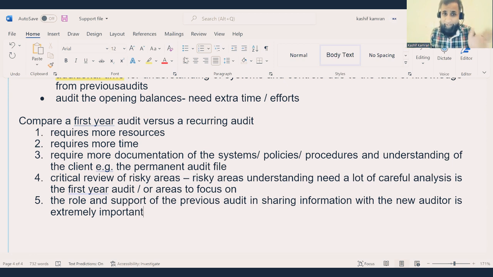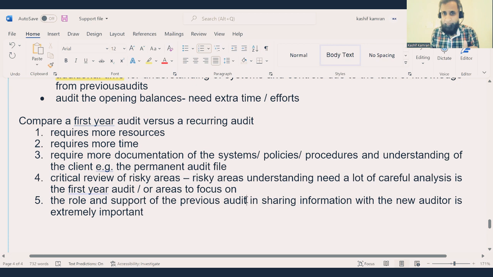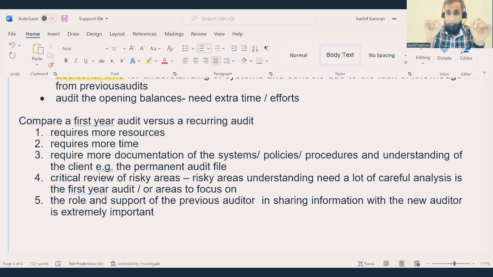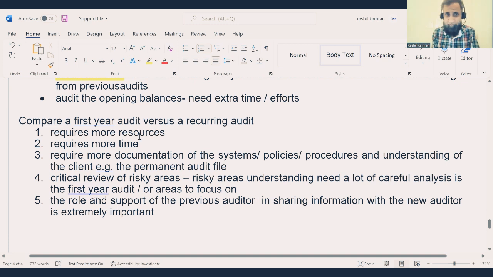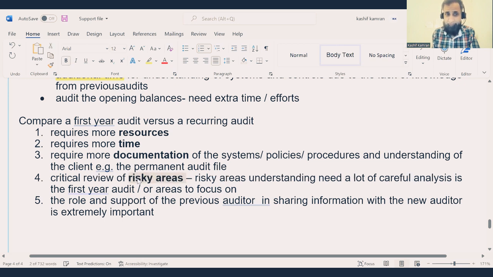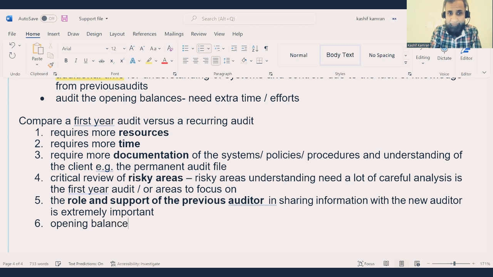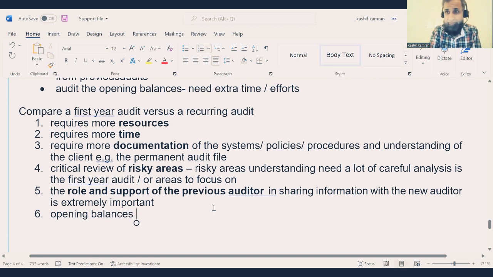So you need to find the fundamentals of the first year audit: resources, time, documentation. Risky areas are greater in the first year audit, including the opening balances. You need to find the role and support of the previous auditor. You need to find opening balances as a very specific area when you're planning the first year audit.